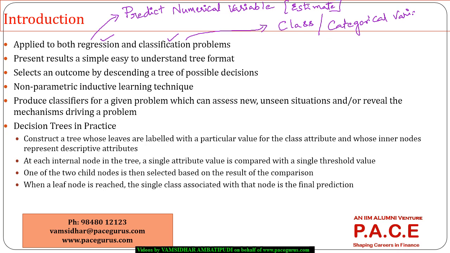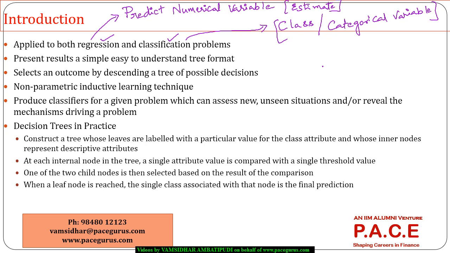Wherever I want to estimate a categorical variable like group 1, group 2, whether this particular object belongs to high performance or low performance, whether this particular person will belong to the default or no default category, in those cases we call them classification problems. Whereas when my intention is to predict a numerical variable, like the price of a particular product, then it is a regression problem.